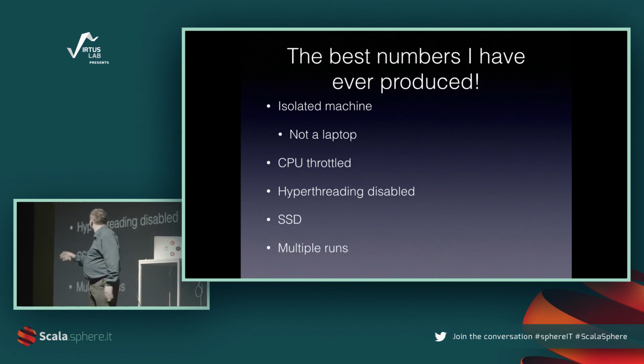SSDs, and again, the last thing I would do is you cannot test one run. What I've actually found is even running exactly the same code on the same machine with the same configuration, you can get differences of 5% between two runs of the same code. Because the JIT is not guaranteed to produce the same results every time.